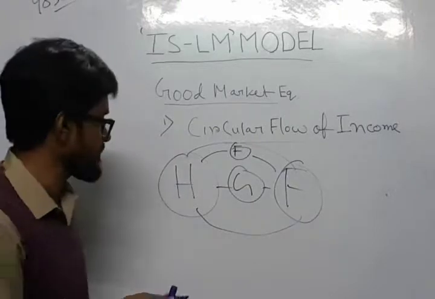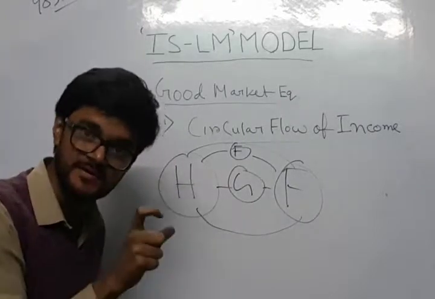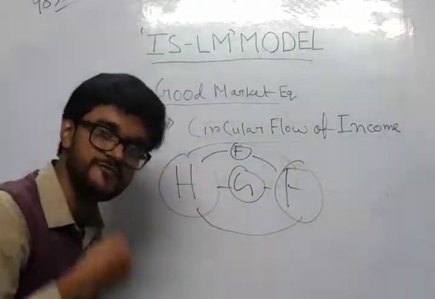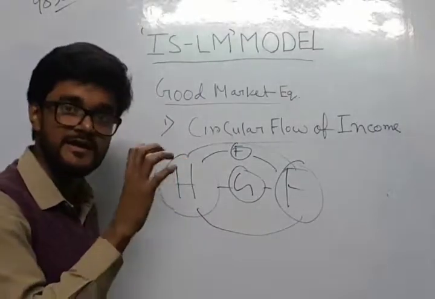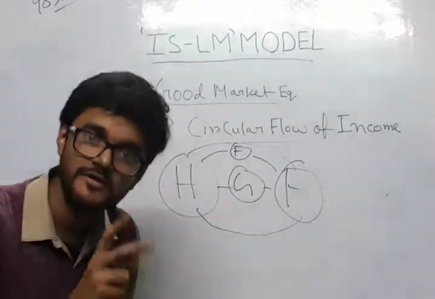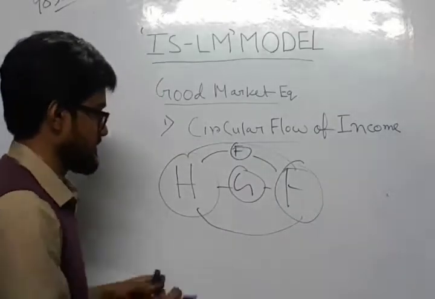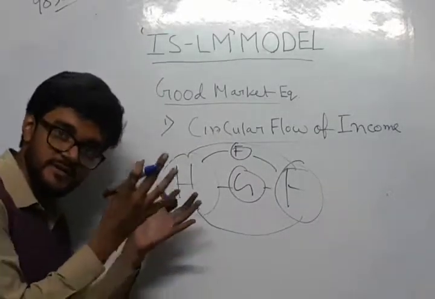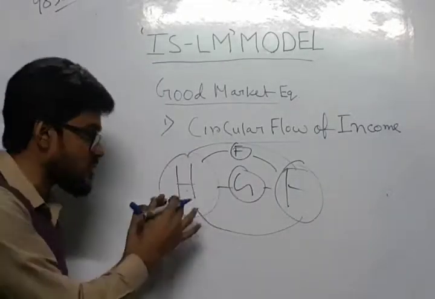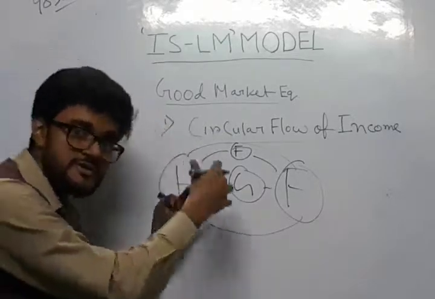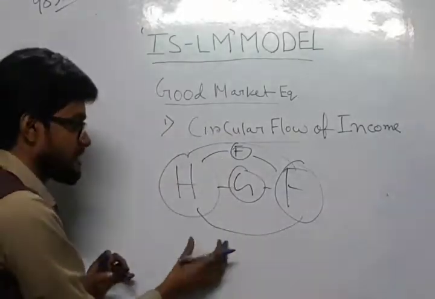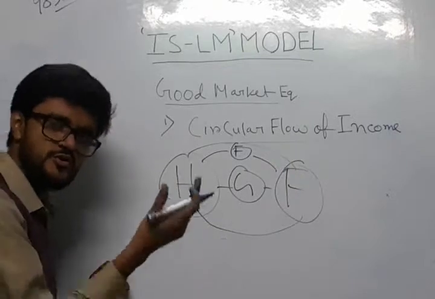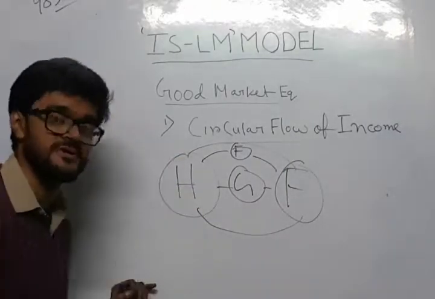That is, a part of money, a part of income which flows in the circle is getting leaked out due to two components. The 1000 rupees that is there in the household or in the economy, in the circular flow of income, is getting reduced by some amount due to two reasons.